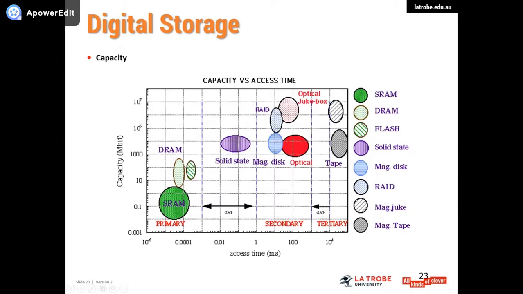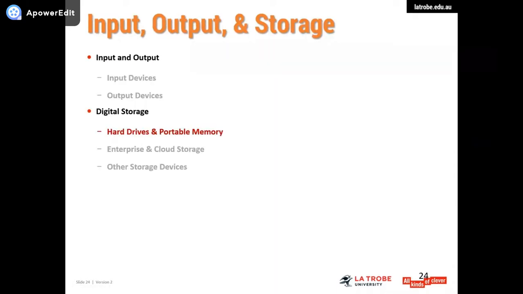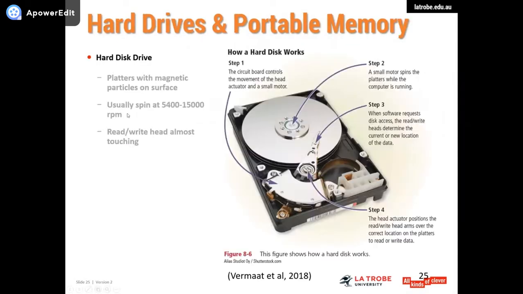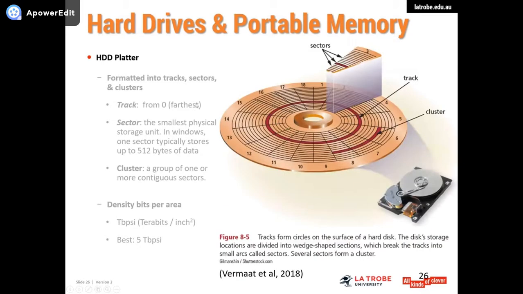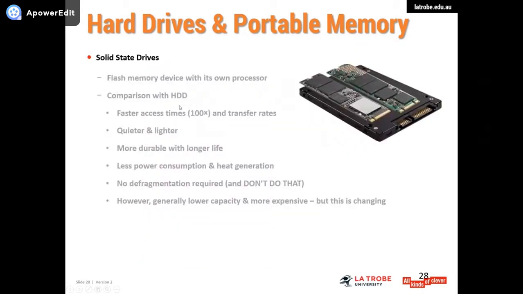And then for the hard drive and portable memory, you just need to understand the mechanism of the hard disk drive. How does it work? And for this one, you should understand what track, sector, and cluster mean in a hard drive. Then it's the solid state drive.